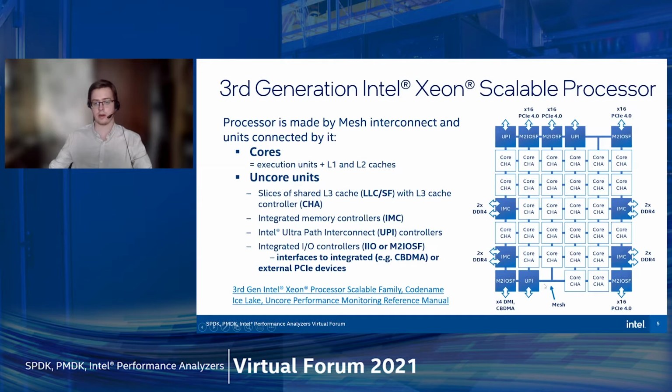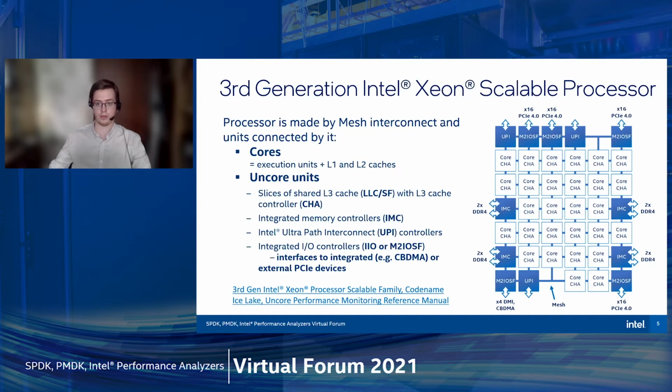These units are the cores, and in Intel terminology, the term core covers execution units where your code is executed, and private caches, so L1 and L2 cache. And all the rest on the platform is usually referred to as uncore, meaning it is everything but core.